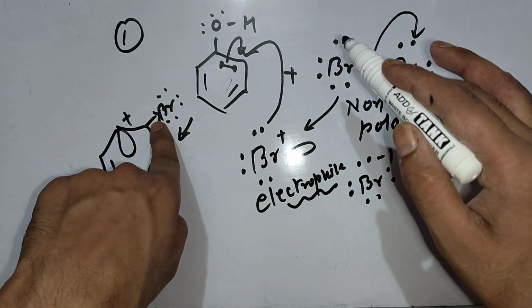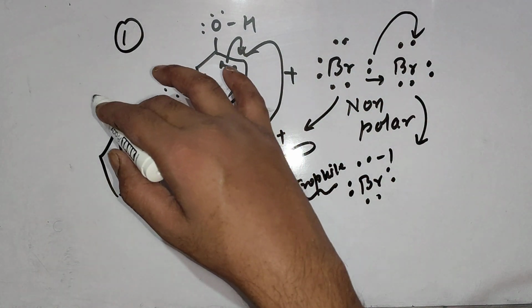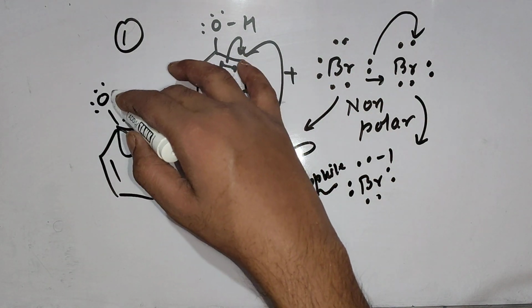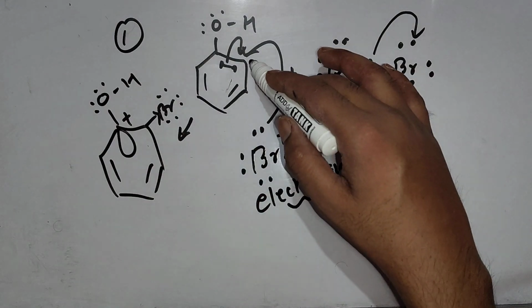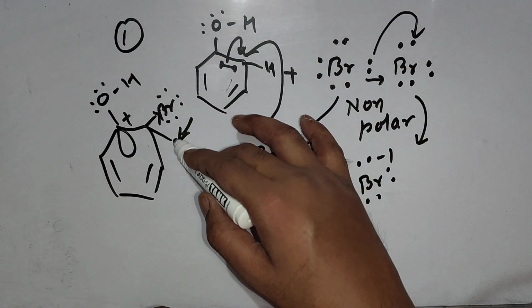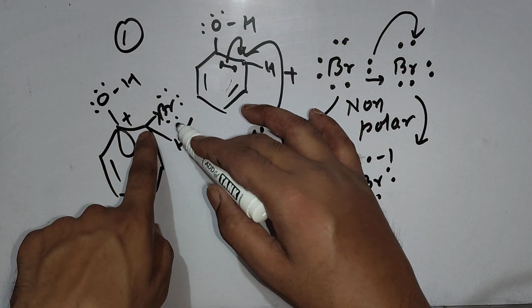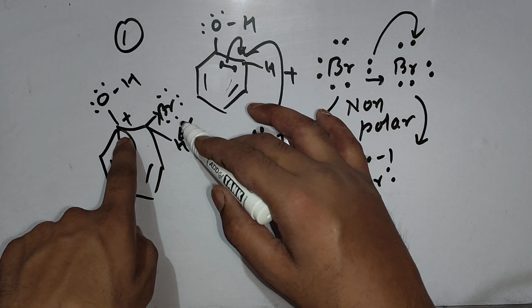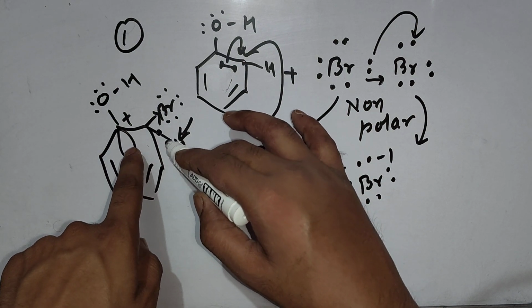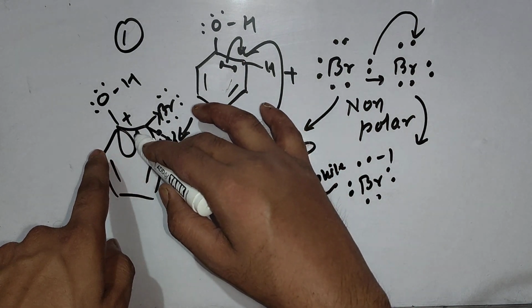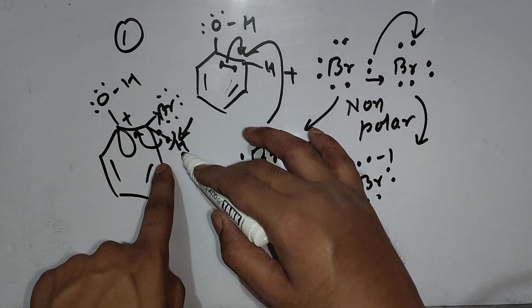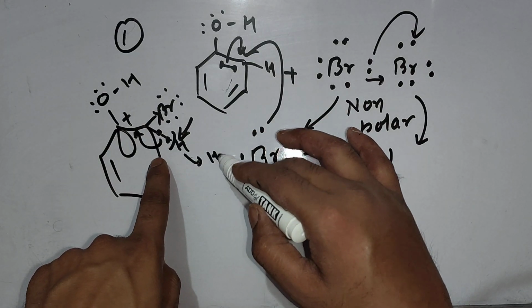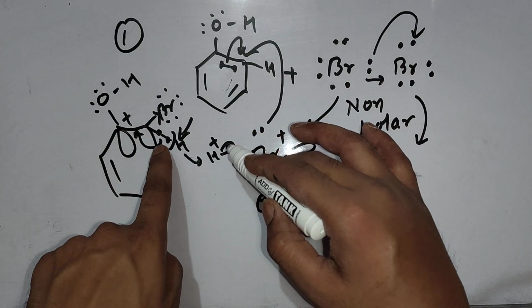Now this electron has passed toward bromine, and OH as it is, no change. And here we have this hydrogen. Now this carbon will stabilize this carbocation. How? By breaking the bond from its hydrogen and shifting these electrons here for bond formation, due to which hydrogen will release out as H positive because it has lost its electron.